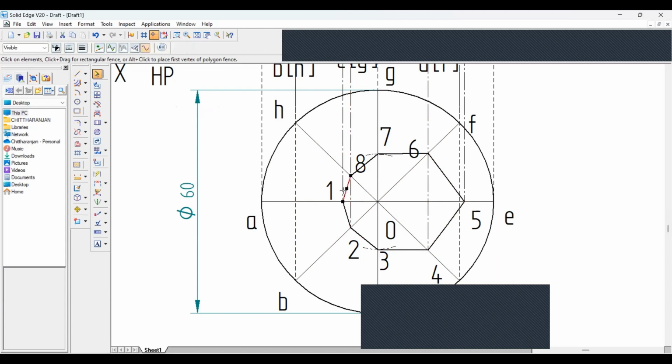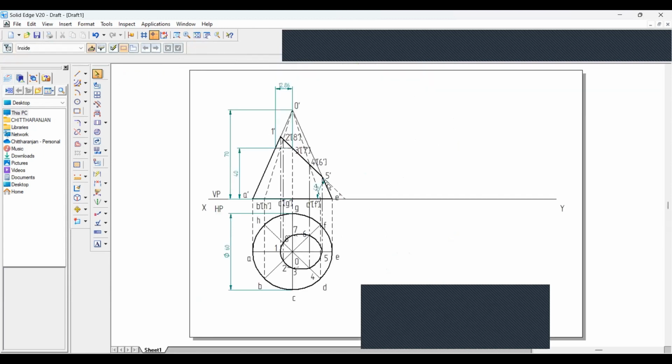Now that line is converted into curve. Make a curve shape because it is a cone. It is not exactly the cone curve, but we have to make like this.